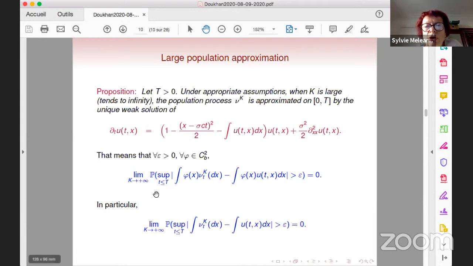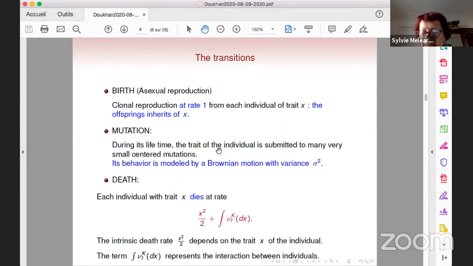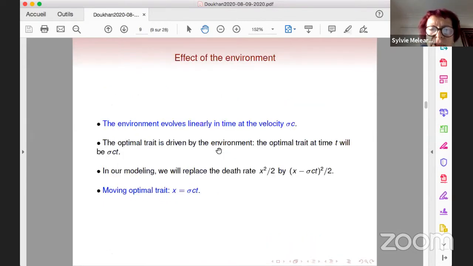Okay. So I described with Hans the stochastic models here. And since we assume that K is large, we have an approximation of this stochastic model by a partial differential equation.